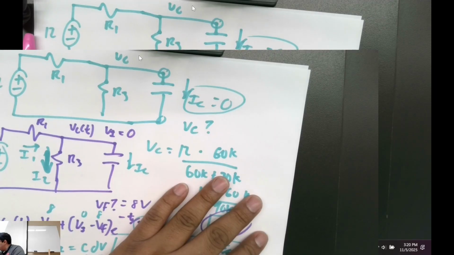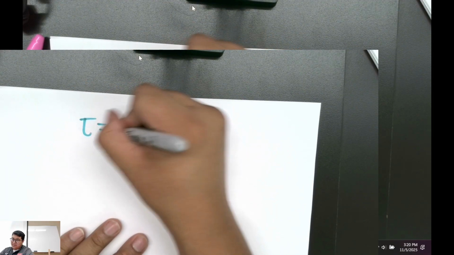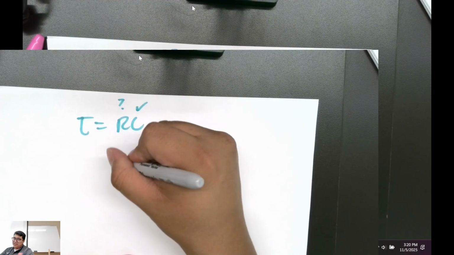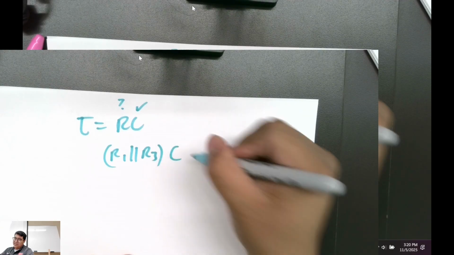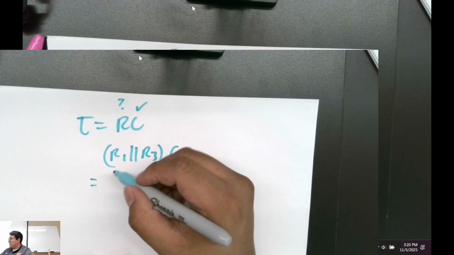This right here is page 6. Page 7. So what I'm trying to say is RC: we know what C is, but we're trying to figure out the R. So can we just say it's going to be R1 in parallel with R3?